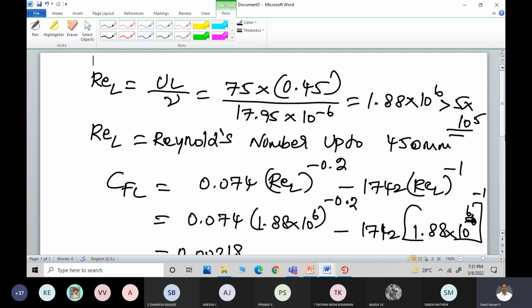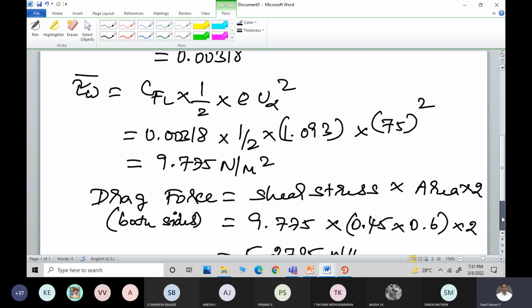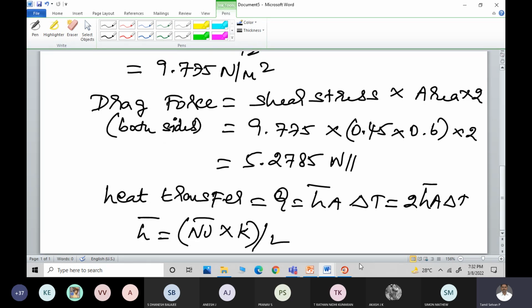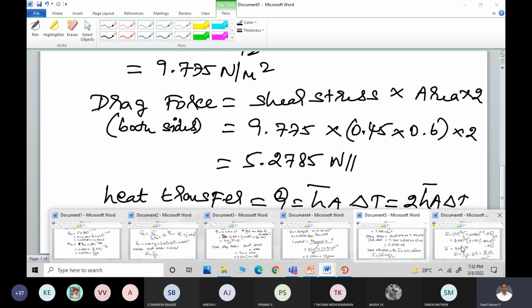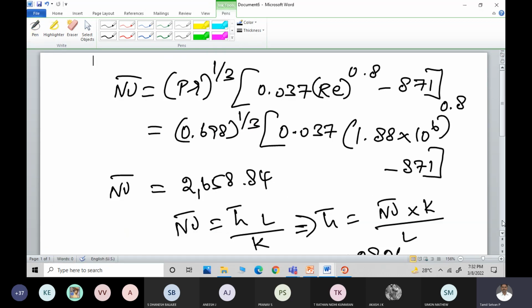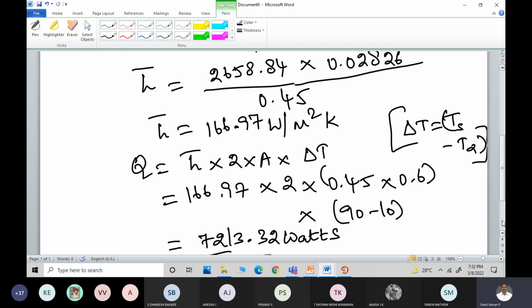You will have more value for shear stress and for drag force, and similarly more value for the Nusselt number, the convective heat transfer coefficient, and the heat transferred. On the 450 mm side it is 7000 watts, and on the 600 mm side it will be slightly higher. Is it fine, students?